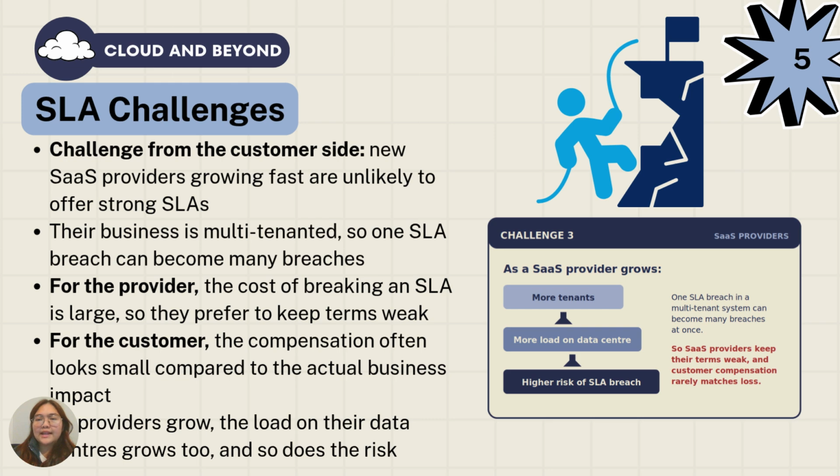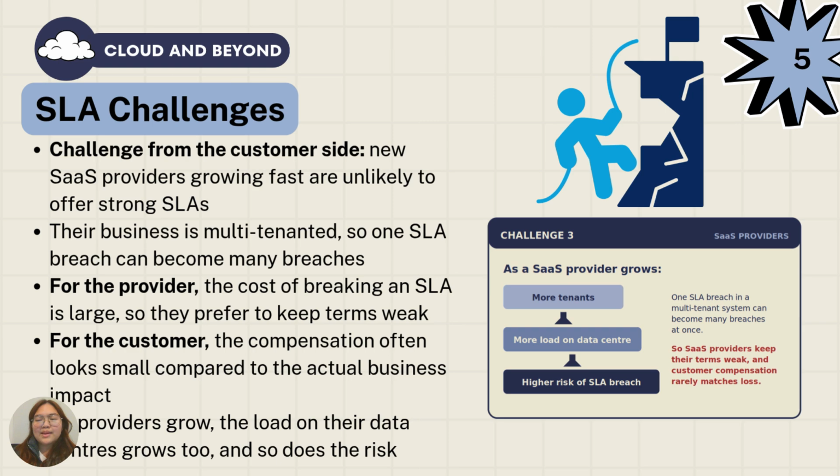And last one is that sometimes we've got SaaS that are fast growing. Because of multi-tenancy, one breach in an SLA can cascade into breaches for many customers at once. So providers have a financial incentive and so on.